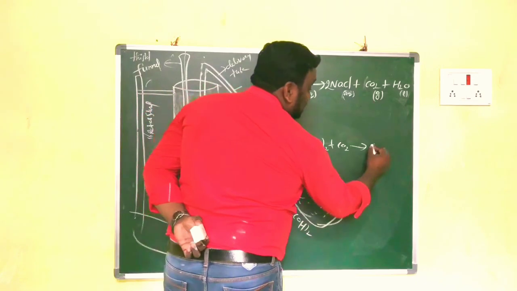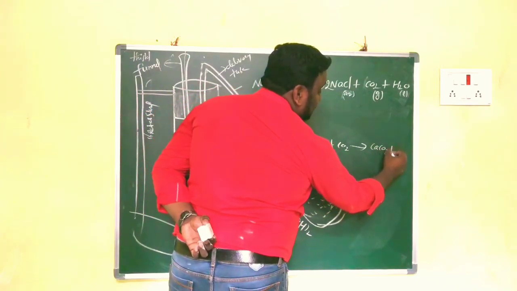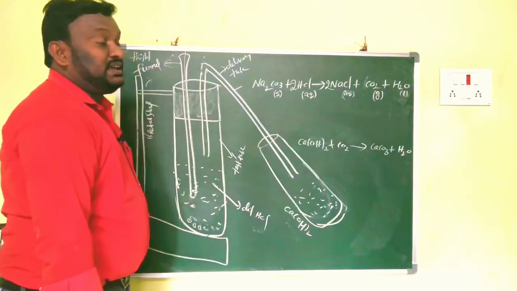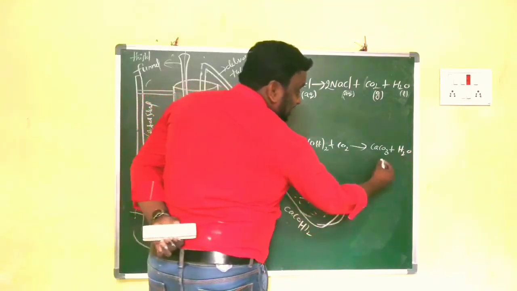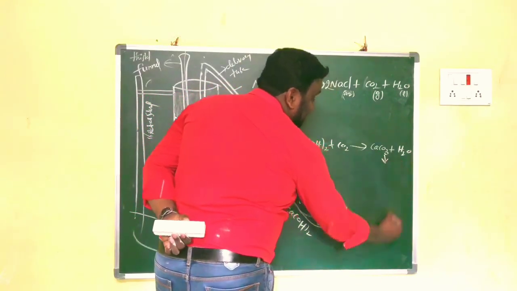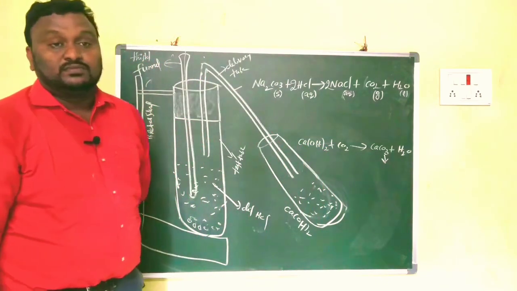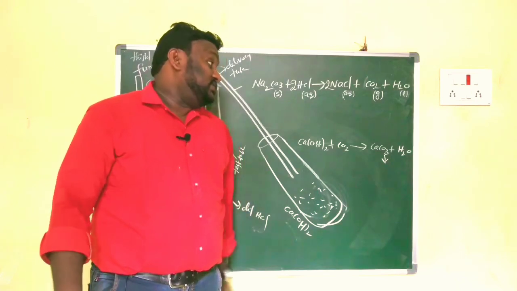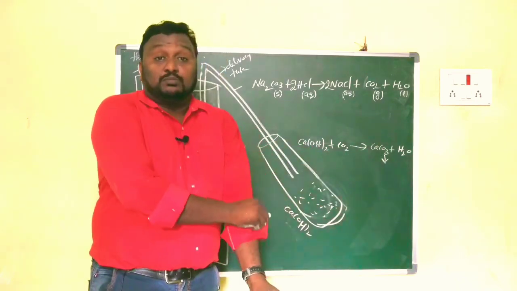Then what do we get? CaCO3 plus H2O. Here this CaCO3 is a precipitate, undissolved. That undissolved white precipitate will be formed. That is what we call calcium carbonate.